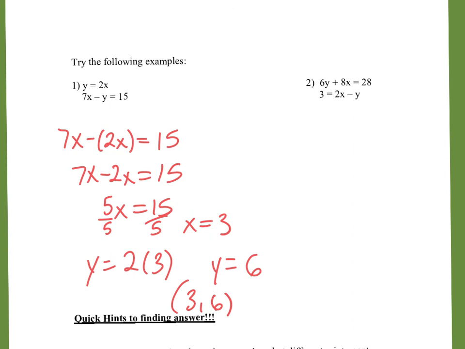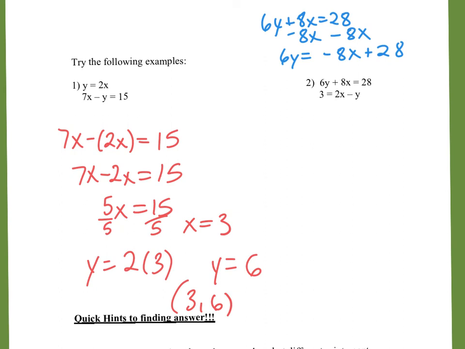Next one, y by itself in either of these. Which one did you solve for y? The first one? Okay. So we've got 6y plus 8x equals 28. Subtract the 8x over. So 6y equals negative 8x plus 28, right?